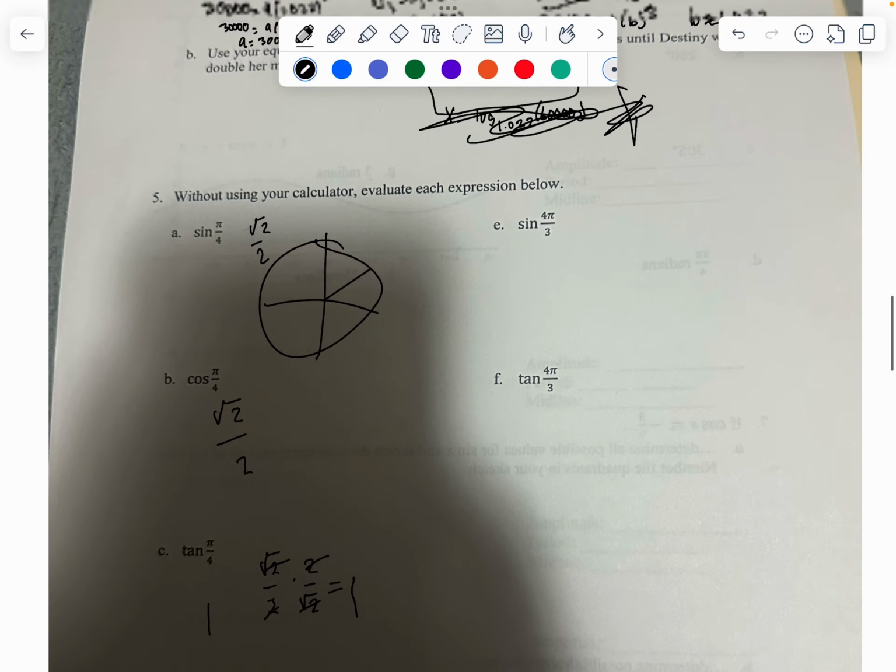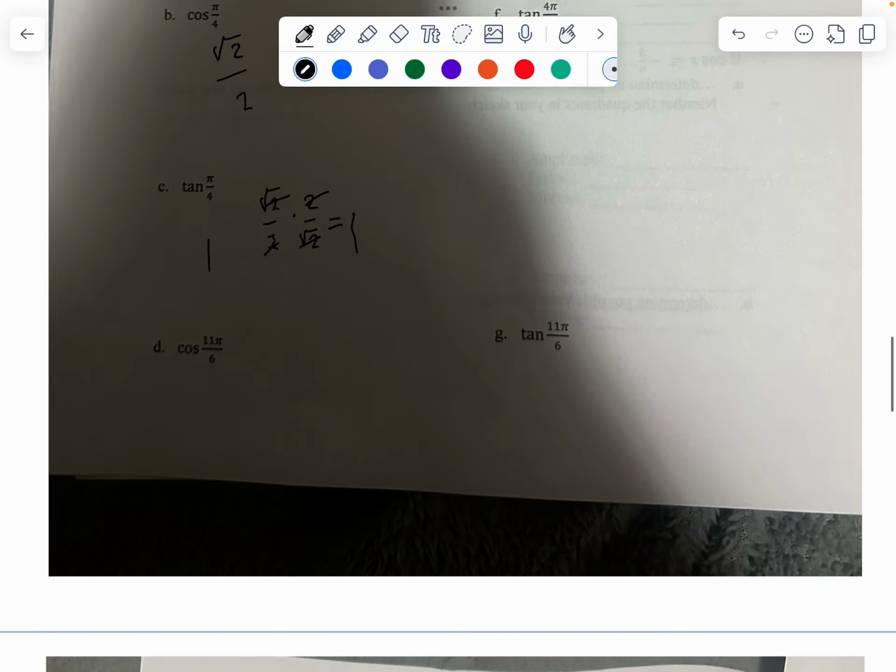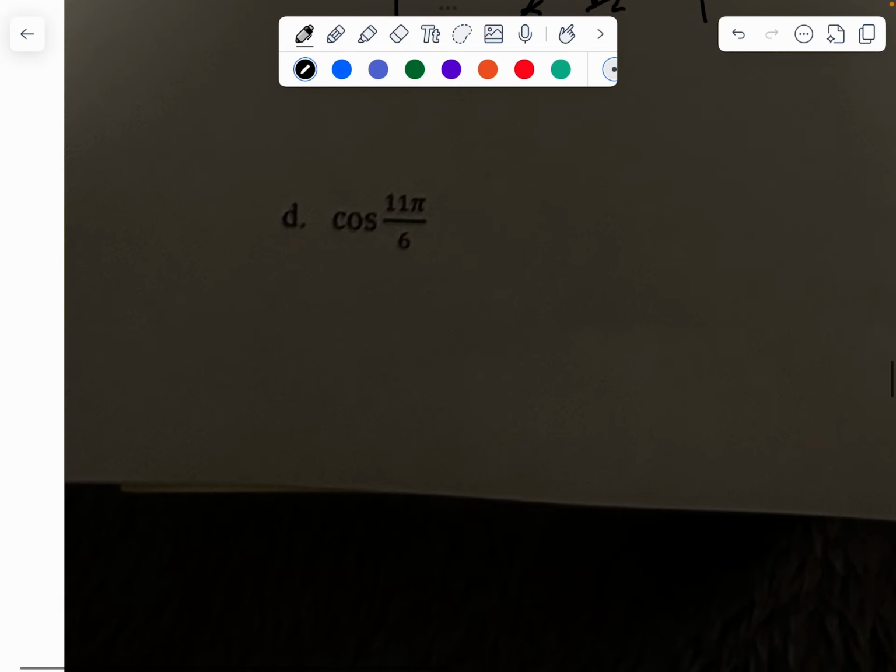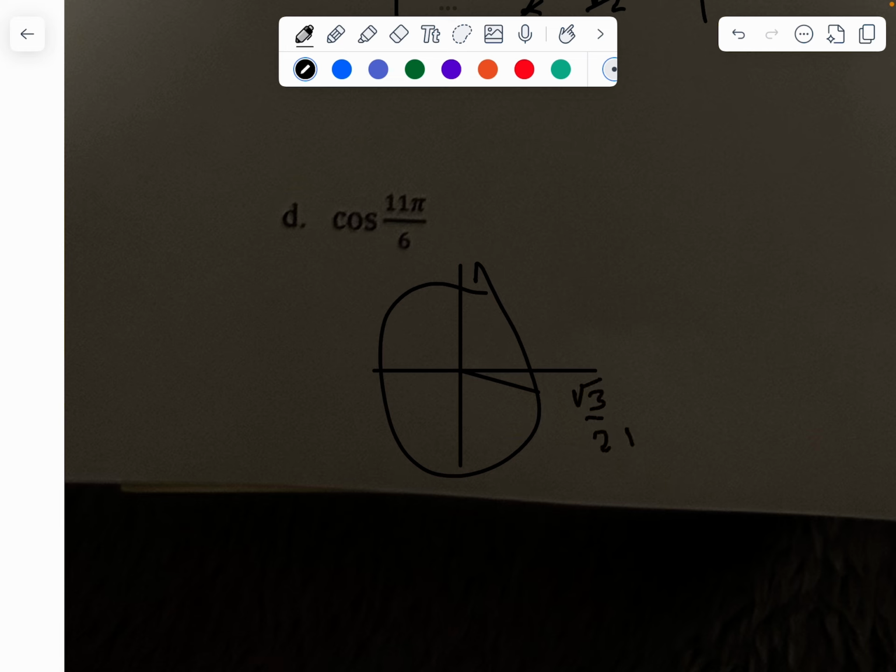Alright, and then cosine of 11 pi over 6. Pi over 6 is like right there. So that's going to be root 3 over 2 and 1 over 2.